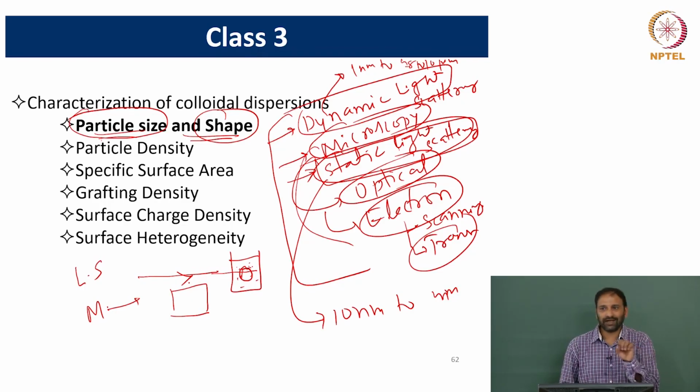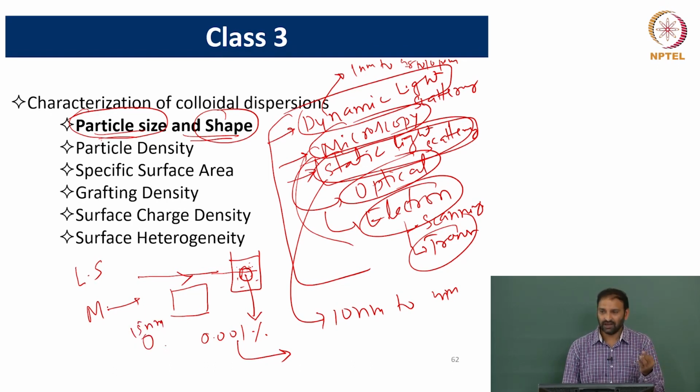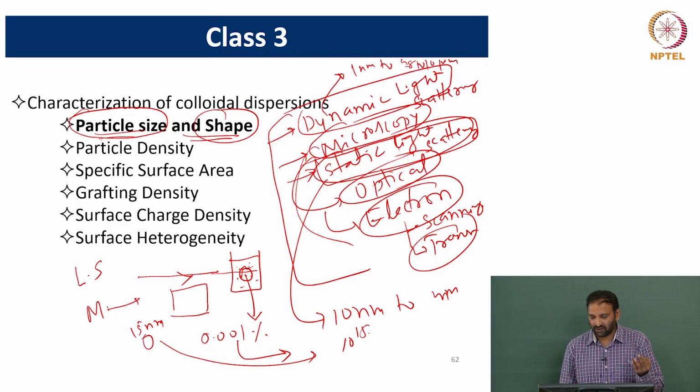In that volume, even if I take a very dilute dispersion, like say 0.001 percent particles, say silica particles of 50 nanometer diameter, you can roughly calculate and show that the number of particles could be of the order of 10 to the power 15 or 10 to the power 13, some numbers like that.